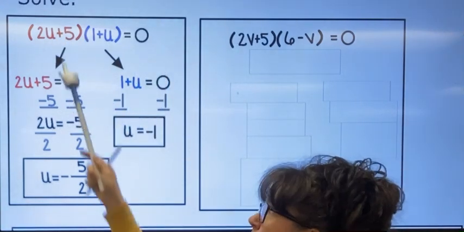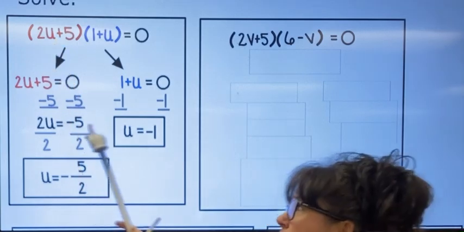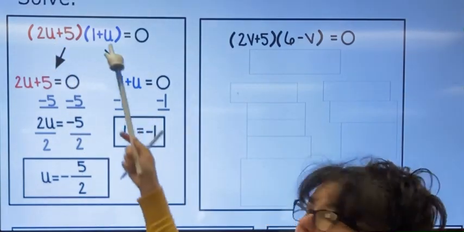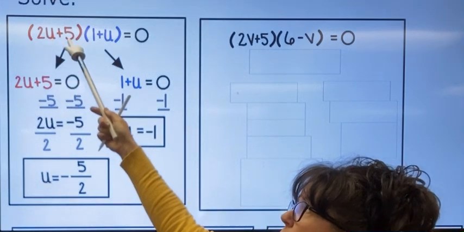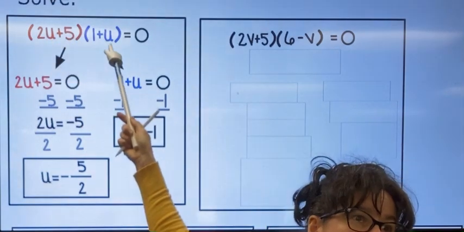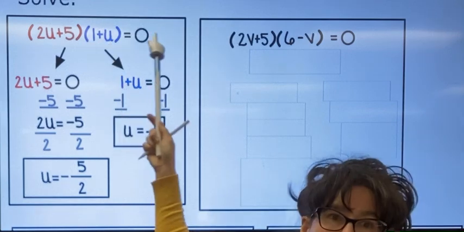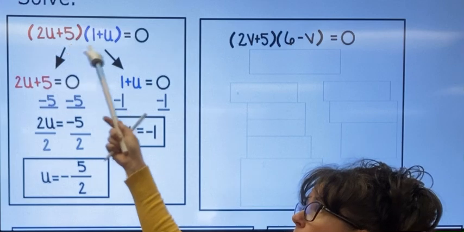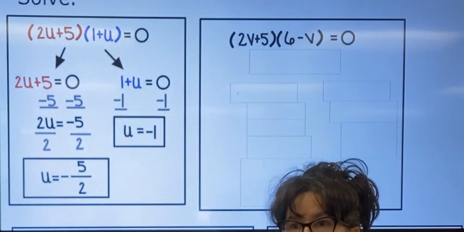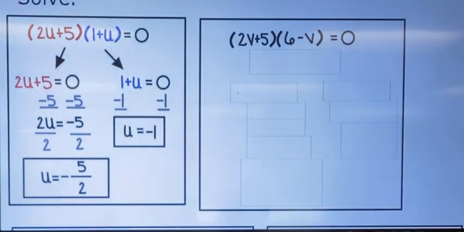We found the number that made the red one equal 0. If I plug -1 back into the original, 2 times -1 plus 5 is 3, and 1 minus 1 is 0. 3 times 0 is 0. So we're finding the numbers that make these individual pieces equal 0 to solve the equation.